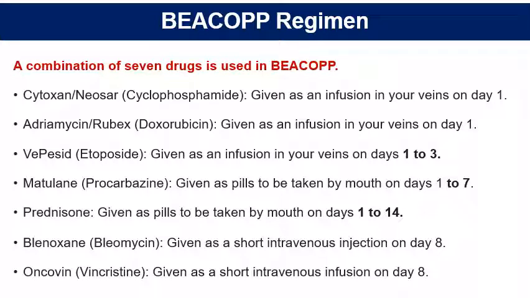Adriamycin is also given on day 1, and etoposide on days 1 to 3. Then procarbazine for days 1 to 7, given orally, and prednisone, also by mouth, for days 1 to 14. Bleomycin, an intravenous injection, is given on day 8, and vincristine on day 8, also an intravenous infusion. So this is the combination of 7 drugs included in the BEACOPP regimen.